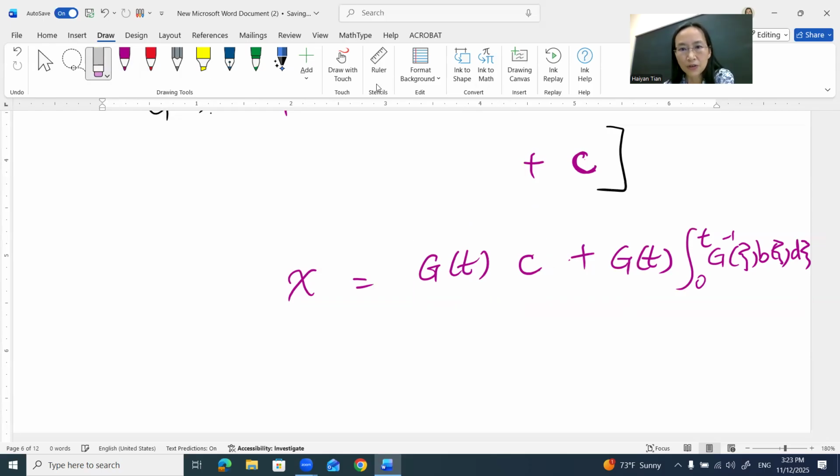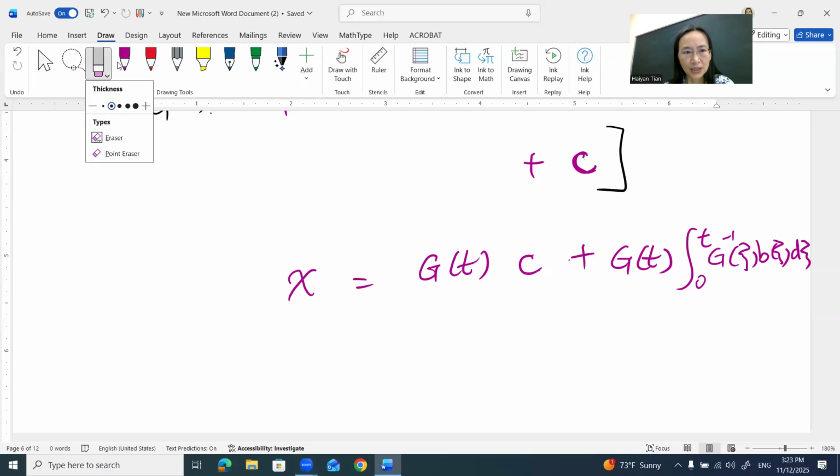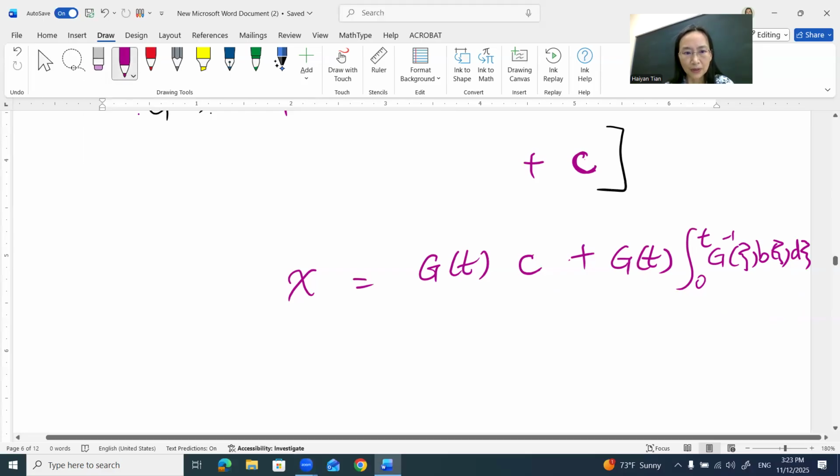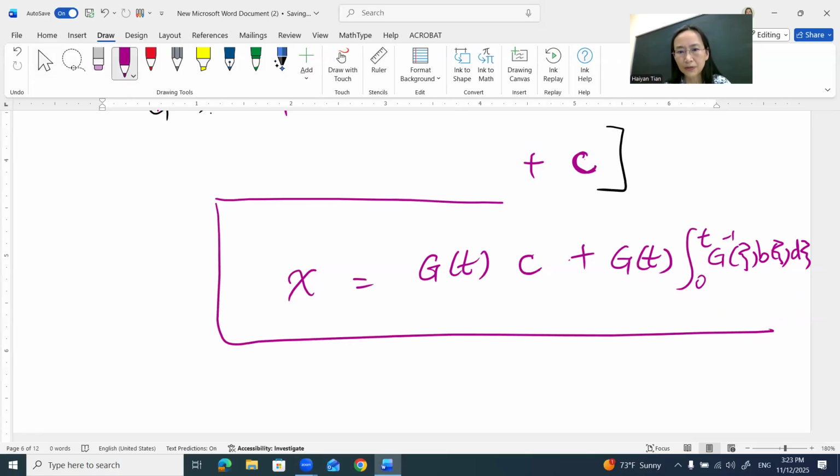The second part depends on b, the b vector. That means we found a general solution for the non-homogeneous problem, represented by this formula, which has two parts.